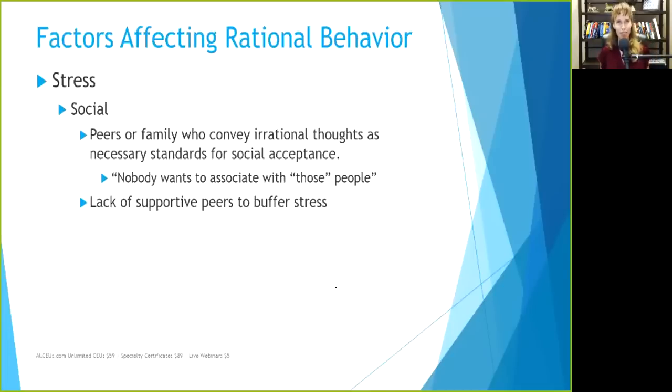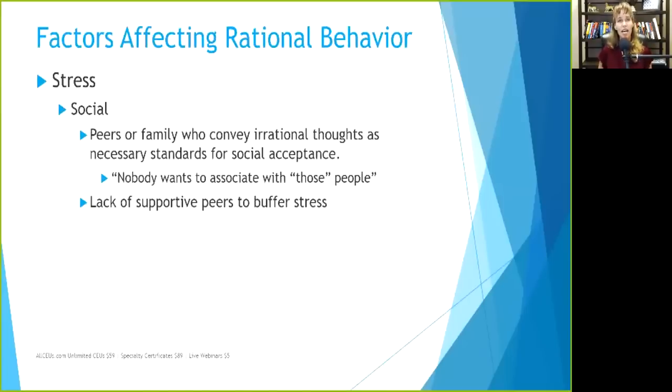Who are those people and why can't we associate with them? There are a lot of things. If you think back, think high school. High school's pretty rough. If we're going to talk about having irrational thoughts and cognitions, if you have to be part of this particular group in order to be accepted, you have to do this, you have to do that. But do you? Do you really?